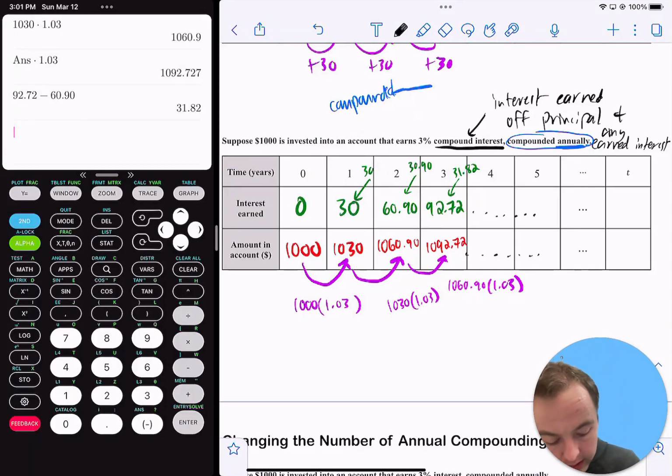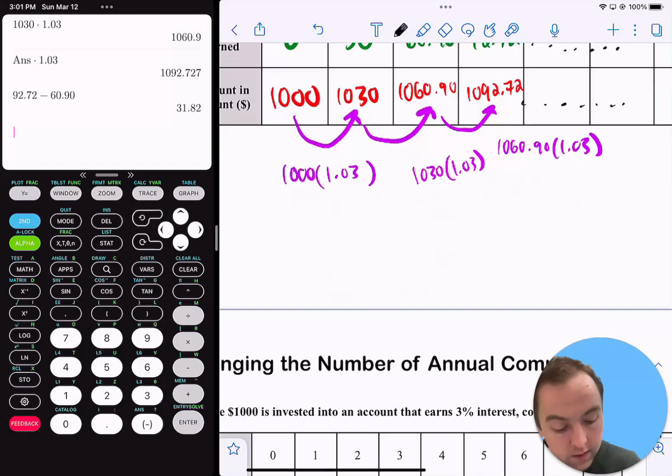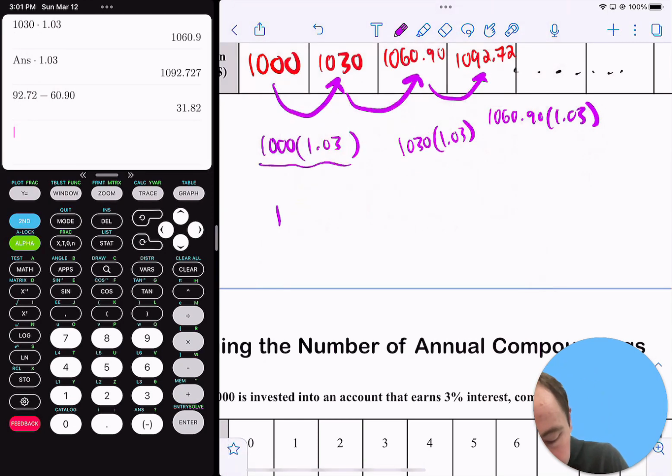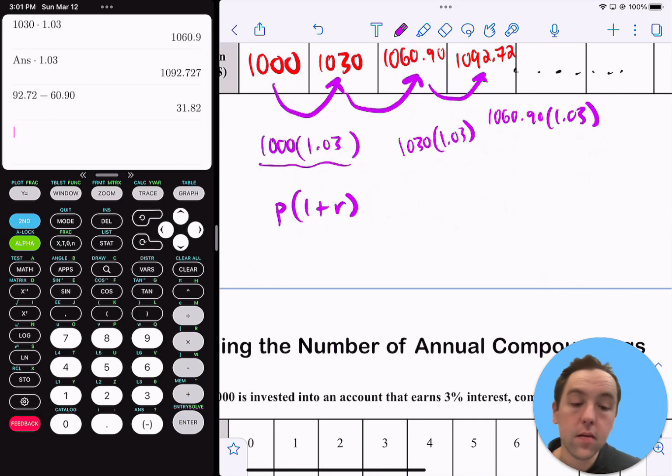So I want you to recognize some things about what I was writing in the purple right here, because this will help us understand formulaically kind of what's happening with compound interest. So you'll see right here that we took really the principal, and then we multiplied it by 1 plus the interest rate, right? Because the interest rate was 0.03, and the principal was $1,000, right?